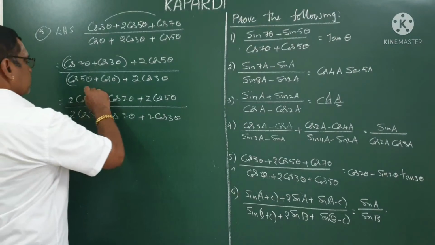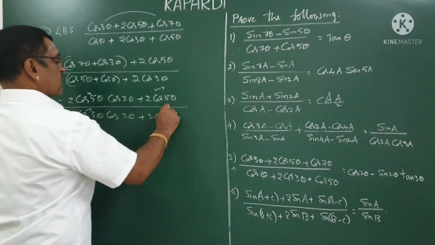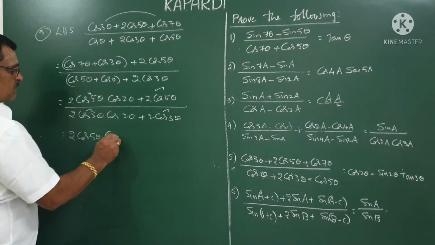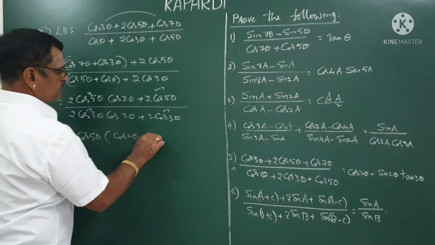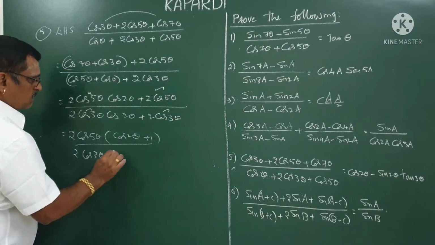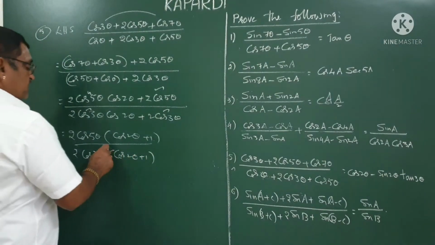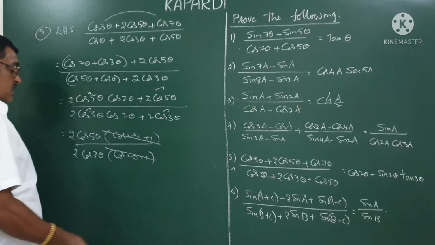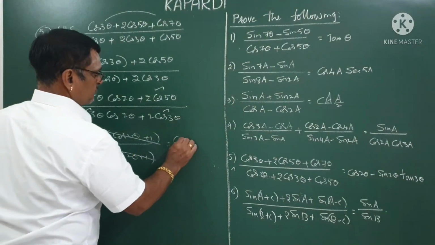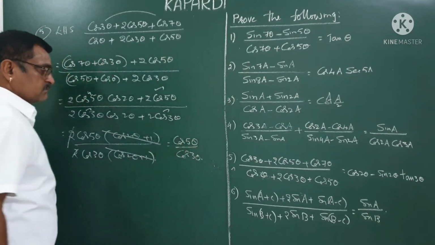Now I will take 2 cos 5 theta common from numerator, 2 cos 3 theta common from denominator. So we have 2 cos 5 theta, then we will get cos 2 theta plus 1 by 2 cos 3 theta, cos 2 theta plus 1. Since cos 2 theta plus 1 is a common factor, you can cancel. 2 under 2 common factor, you can cancel. So we have cos 5 theta by cos 3 theta.